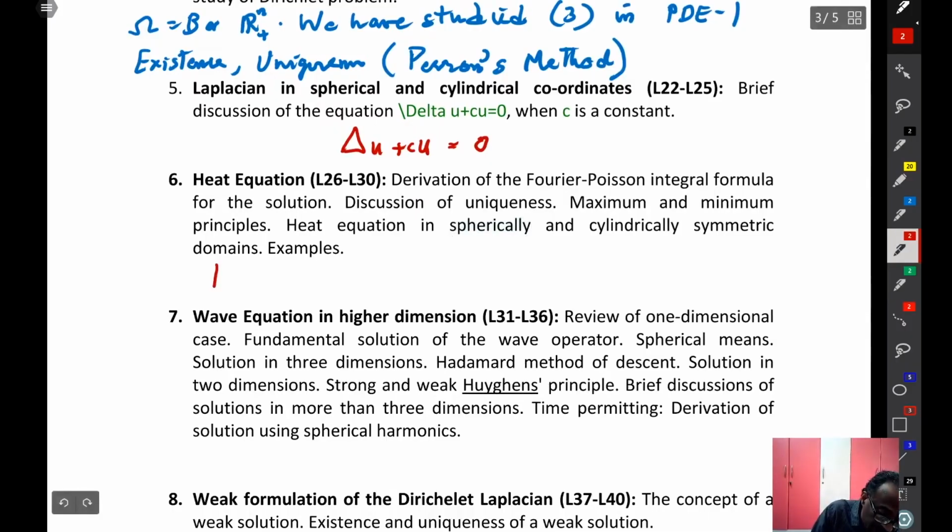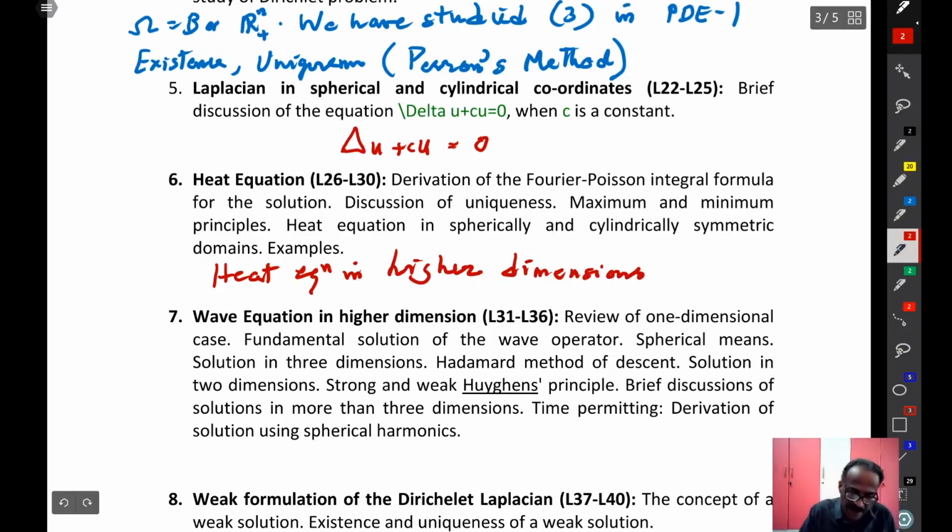Basically, the heat equation in higher dimensions. You will do this in a fashion similar to what we did for the one-dimensional equation.